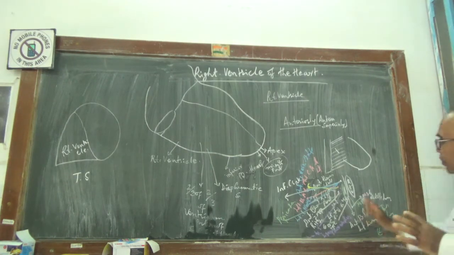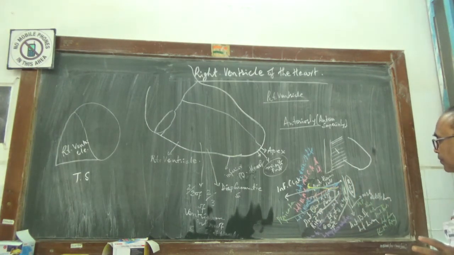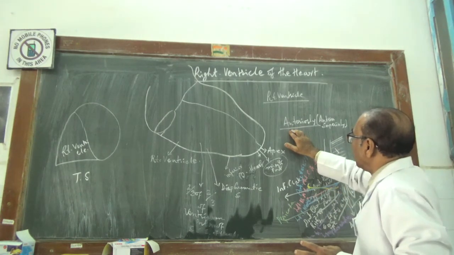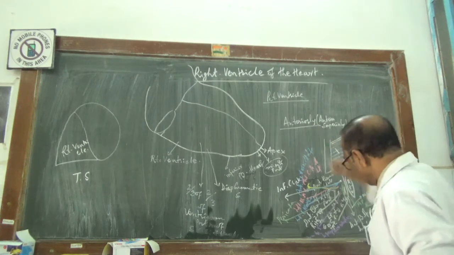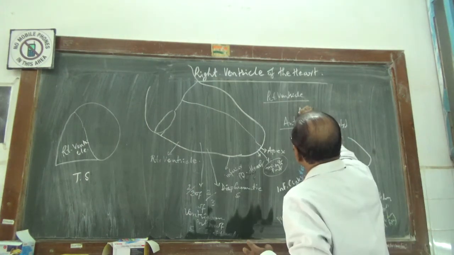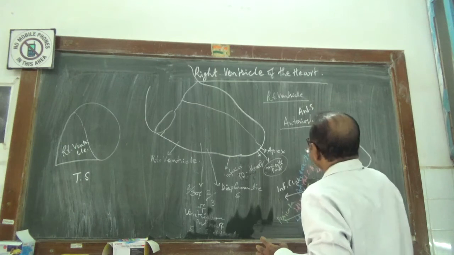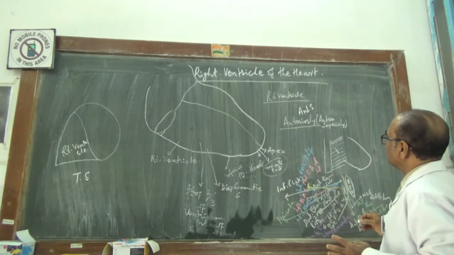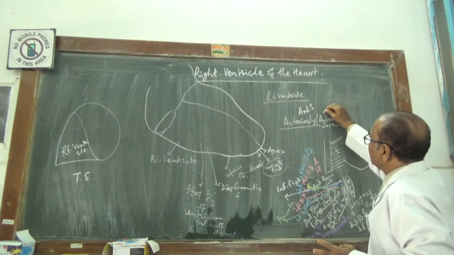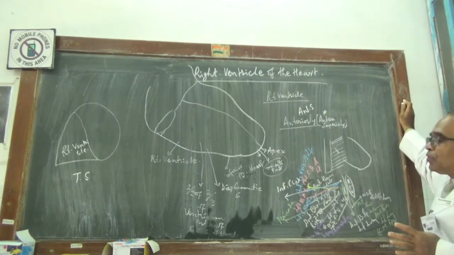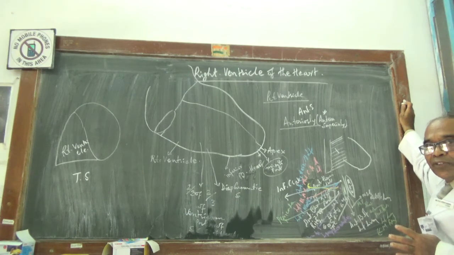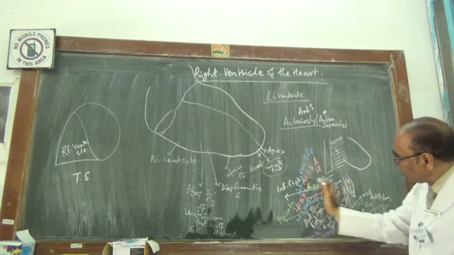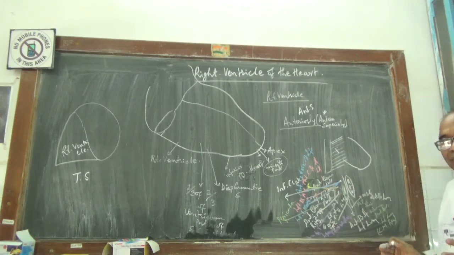So these all things are there in front of the anterior surface of the right ventricle, which is also said to be directing anterosuperiorly.